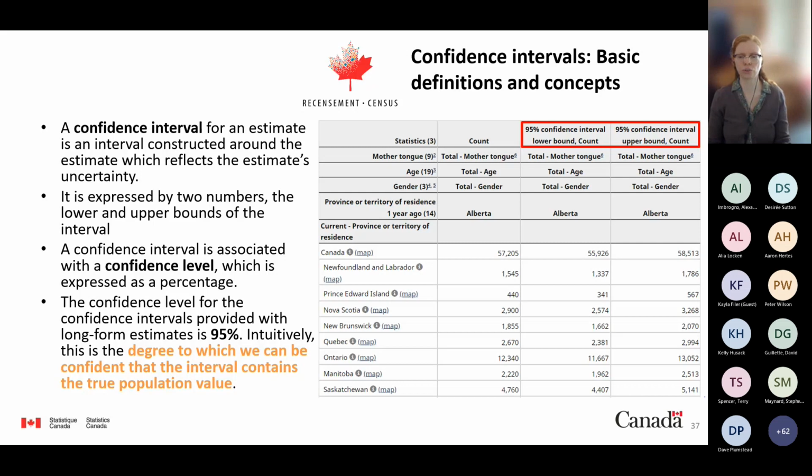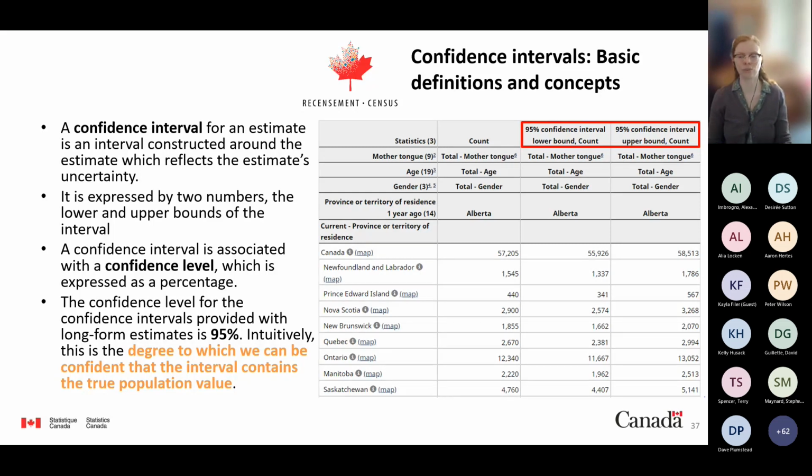So this table shows counts of people who lived in Alberta 1 year before the census, and the counts are broken down by their current province of residence. This is long-form data, so confidence intervals are available. But for the tables on the website, the confidence intervals are a statistic that you do have to go in and add manually. So just to cover some basics, first of all, what do we mean by a confidence interval?